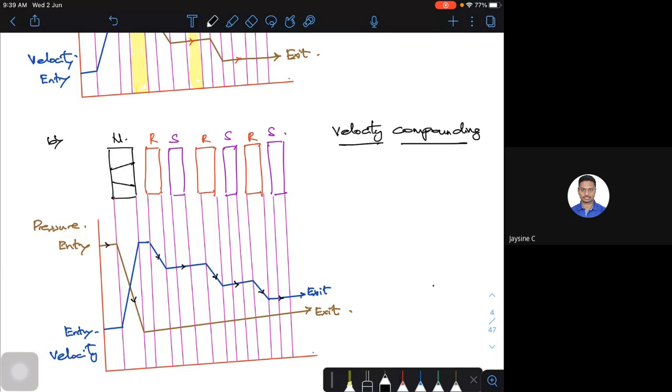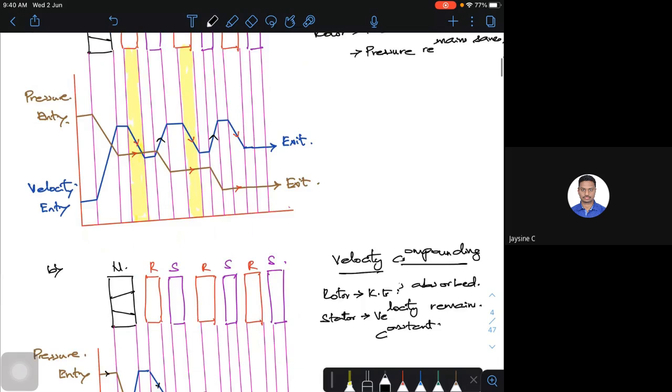Let me write that. Okay, so in the rotor, the kinetic energy is absorbed. Then in the stator, the velocity remains constant.